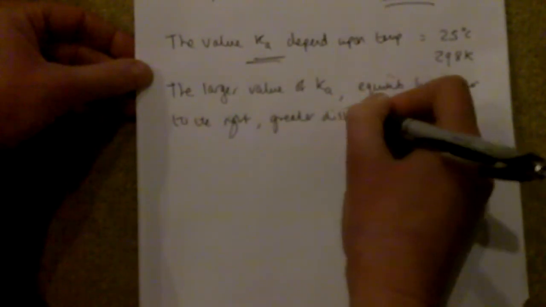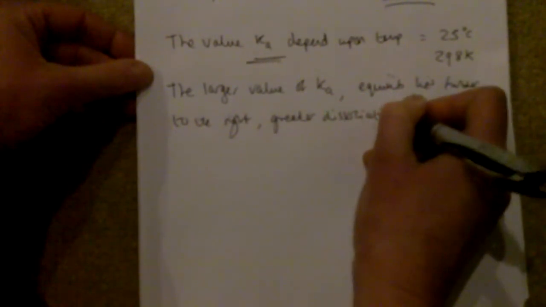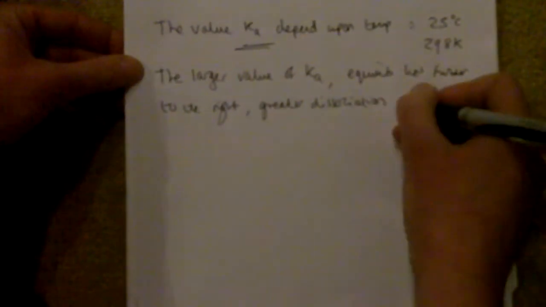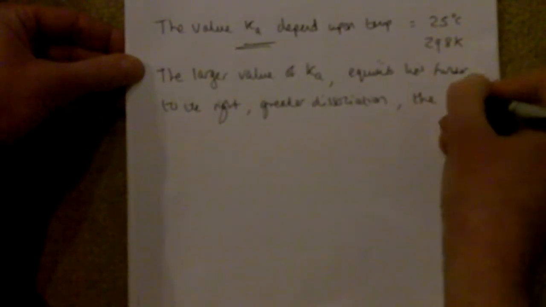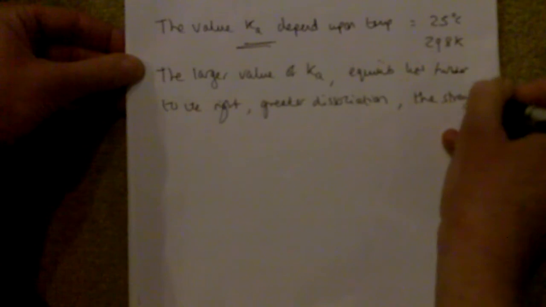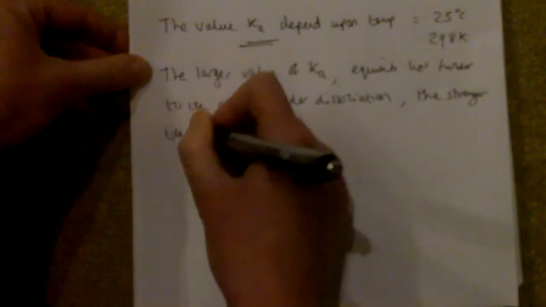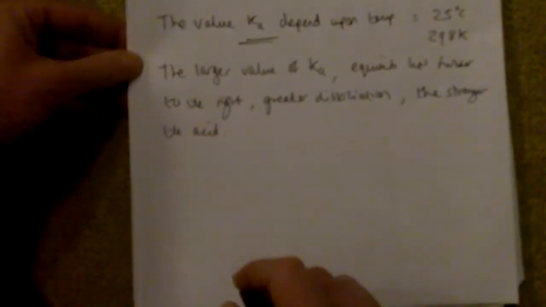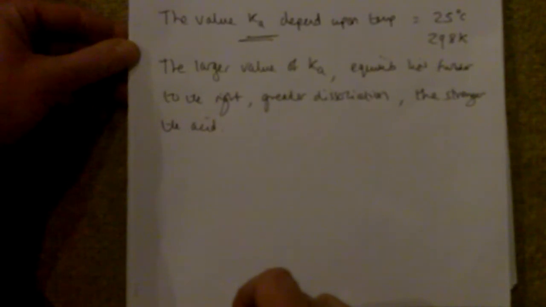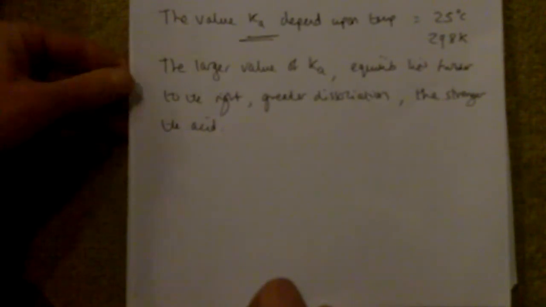It's just like Kc, greater dissociation, and therefore that tells you the stronger the acid. So the larger the value of Ka, the stronger the acid, right?